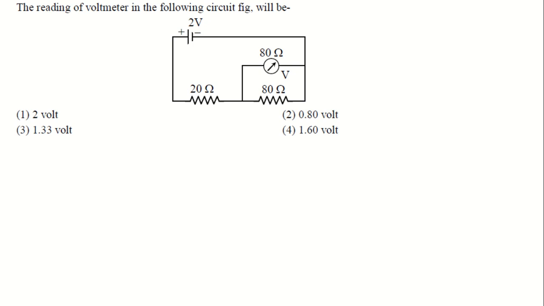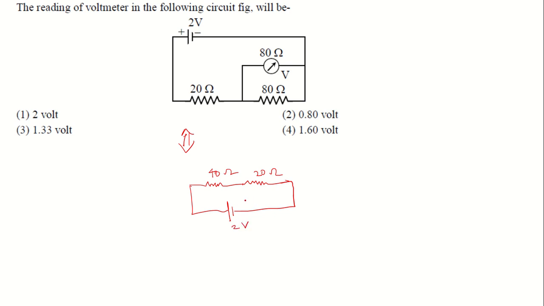Yes, the last question for the time being. The reading of the voltmeter in the following circuit figure will be what? Here the voltmeter has 80 ohm, and hence we can redraw the figure. The two 80 ohm are in parallel, so their effective resistance becomes 40 ohm, 80 by 2, and it is in series with 20 ohm, connected to the 2 volt cell.